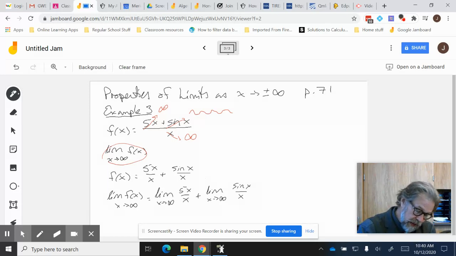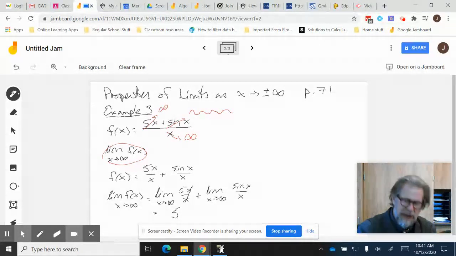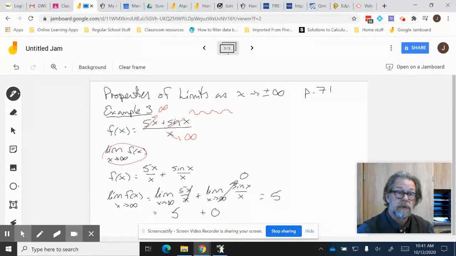Thing one, x divided by x is just 1, so this will be 5. And thing two, something that wobbles back and forth between -1 and +1 divided by some infinitely large number will be 0. So this limit is just equal to 5.